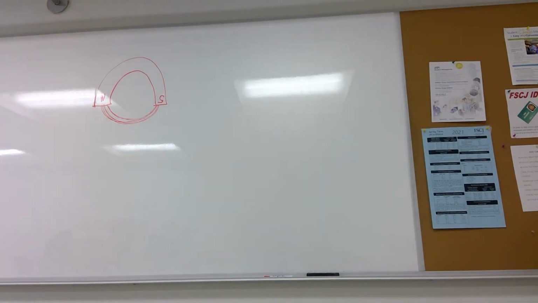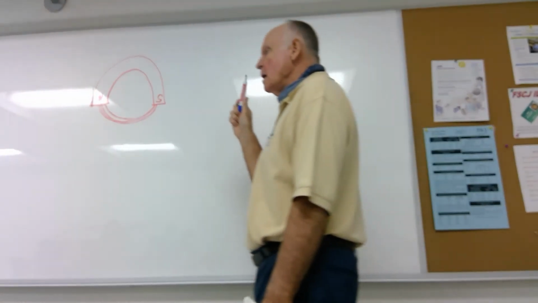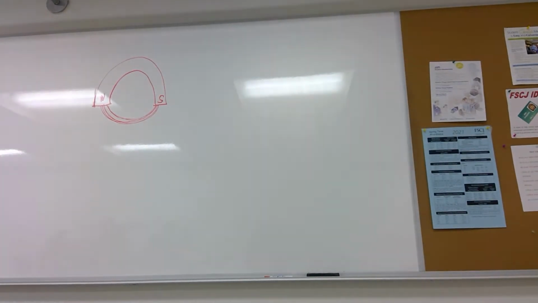Now, go back to the definition that I just gave you. How else can we generate current in that wire? Look at the definition. Part B. Come on. By moving the magnet?